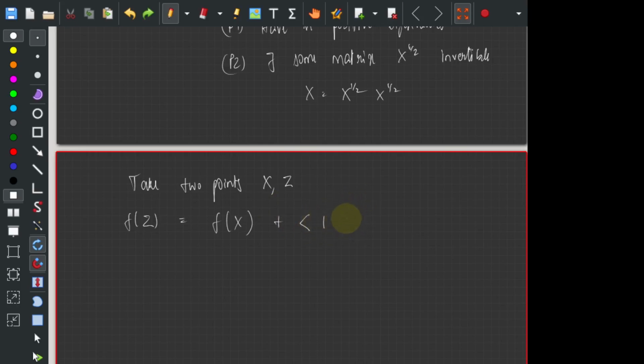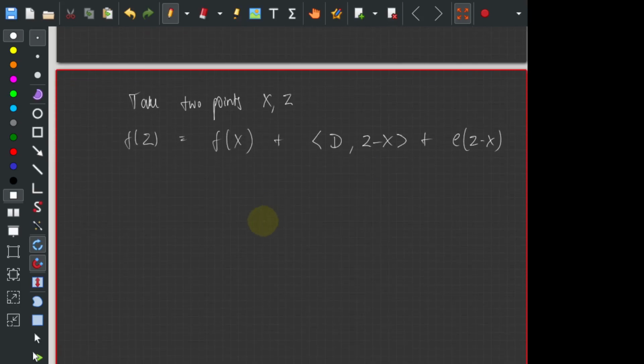In other words, I can write f of z as f of x plus the dot product between d and z minus x, plus some error function. What is the derivative? I'm trying to find the best linear approximation to f of x. So I'm writing f of z as f of x plus some linear function of z minus x.